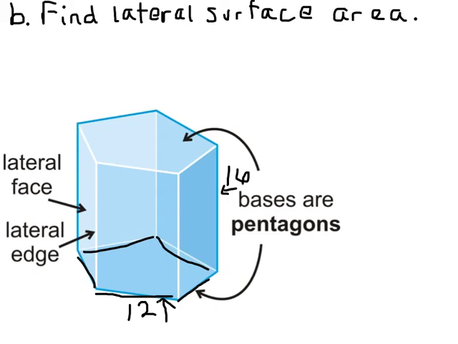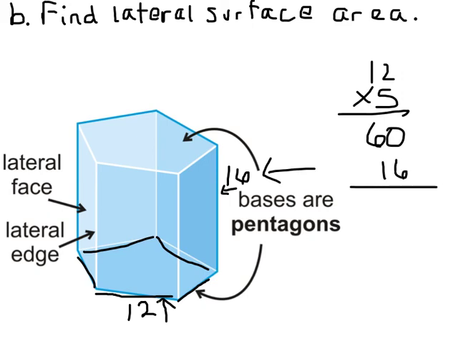For lateral surface area, our formula says that we are to find the perimeter of the base and then multiply that by the height. So the perimeter of the base would be 12 times 5, which is 60. And then we see here that the height is 16. So we're just going to multiply by 16.